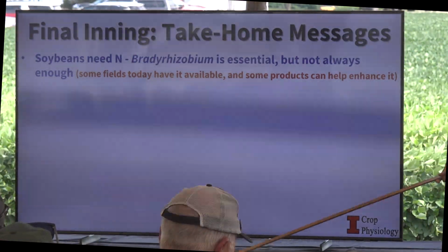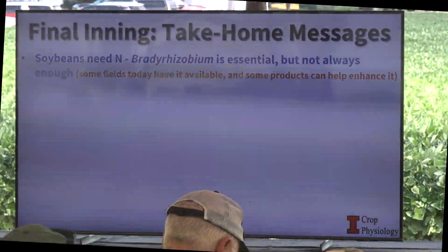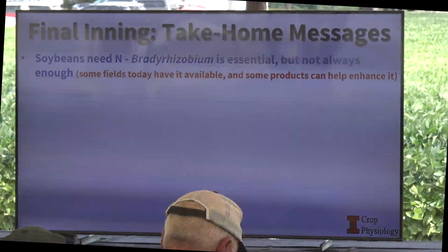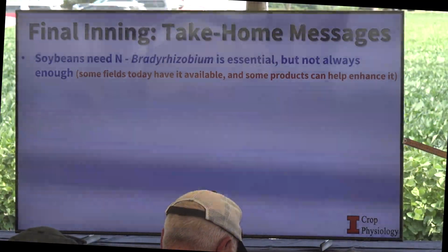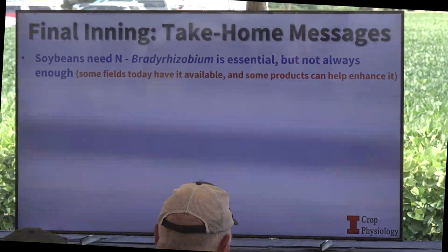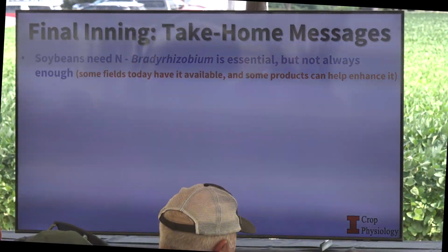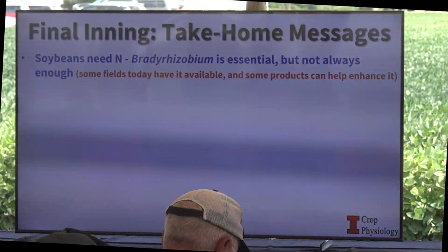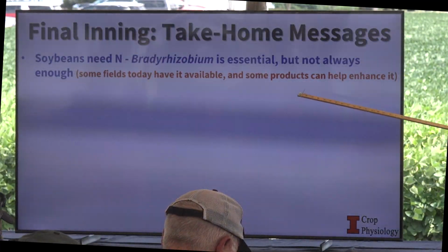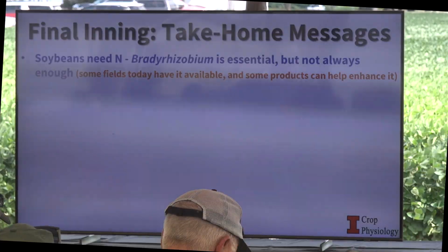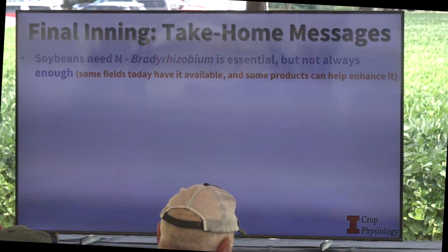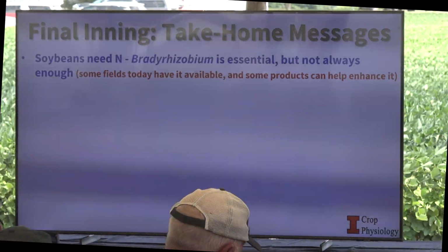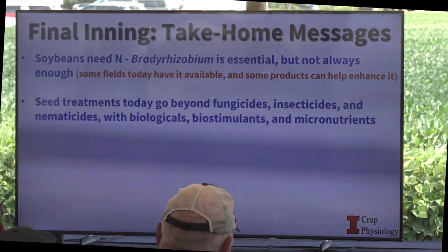And we know that soils have nitrogen already in the native species, but especially in new areas where soybean will be introduced, and flooded areas also, it's important to consider including bradyrhizobium, or we also have other options. Remember that I showed you there are other biologicals that can also support nitrogen fixation.